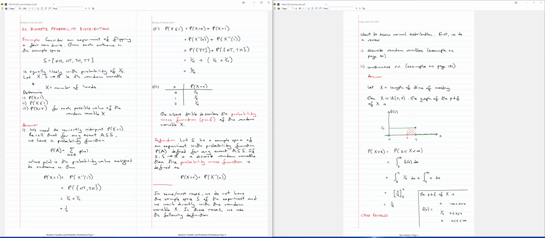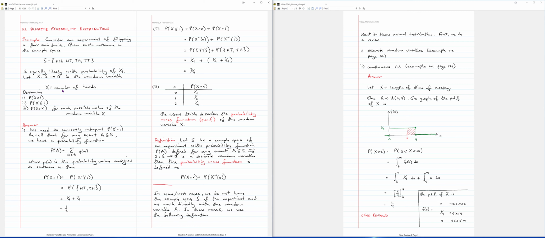Your random variable, we talked about this. A random variable is a function on the sample space, which is a somewhat technical way of looking at it. Usually a random variable associated with an experiment is stated in some sort of English format like this. In this case, the random variable is the number of heads that you get when you perform this experiment.